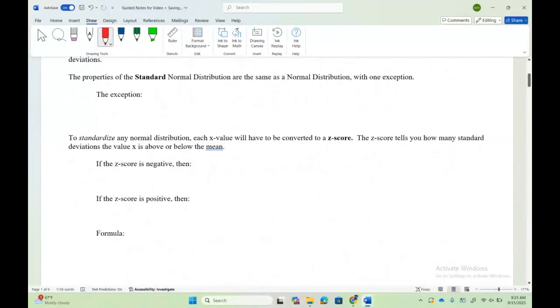The only difference is now we're going to let the mean always equal 0 and the standard deviation will always equal 1. So now for the bell curve, when we standardize it, all sets of data will have a mean of 0, and our standard deviation that we add to the right and subtract to the left will have values 1, 2, and 3, negative 1, 2, and 3.